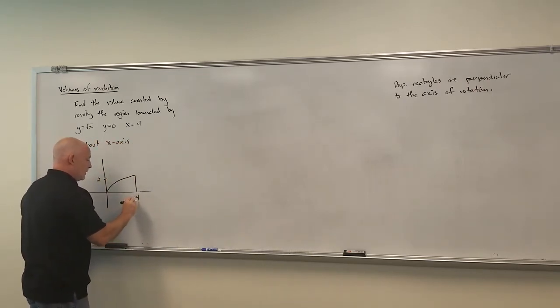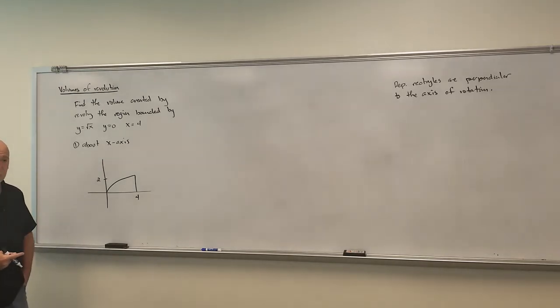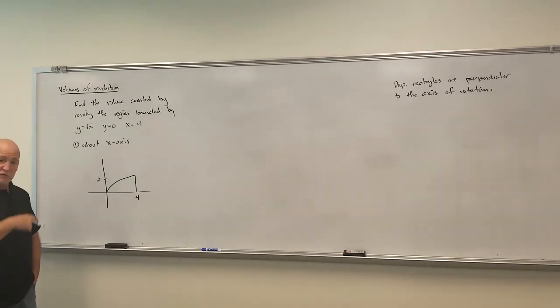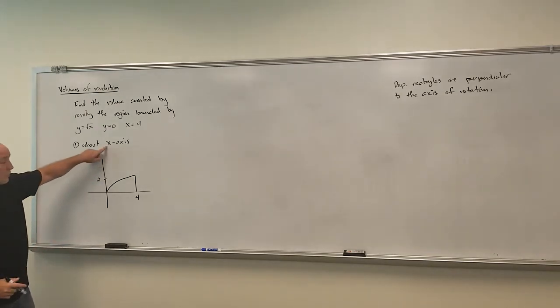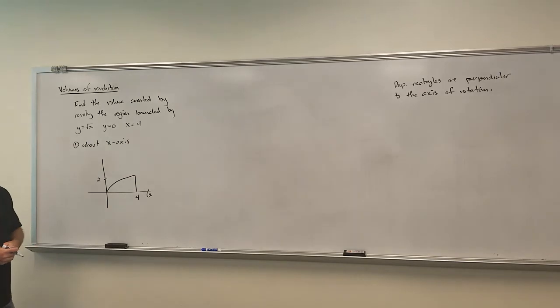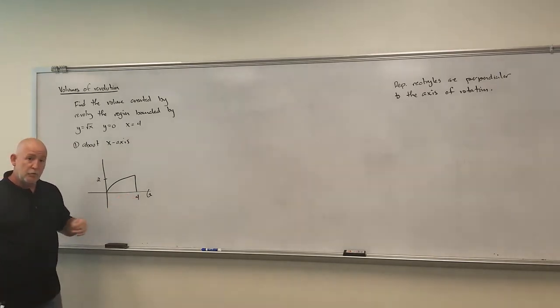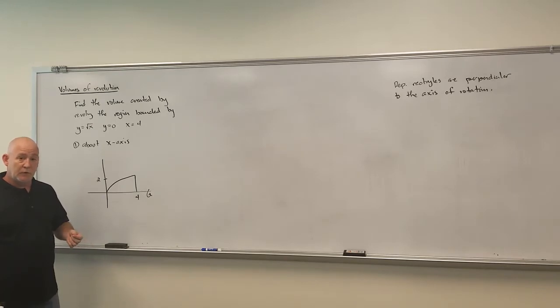All right. Once you've sketched the region, next thing you need to do is put your axis of rotation. I do that by the little spinning arrow thing I drew. Since we're going about the x-axis, draw yourself a little spinning arrow. Now, since you know the axis of rotation is the x-axis, we know that the representative rectangle is perpendicular.